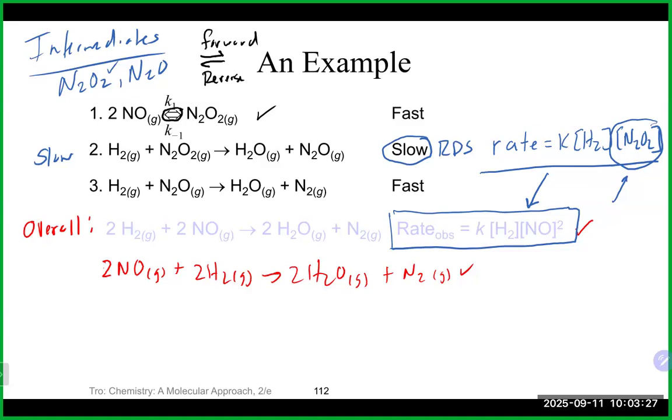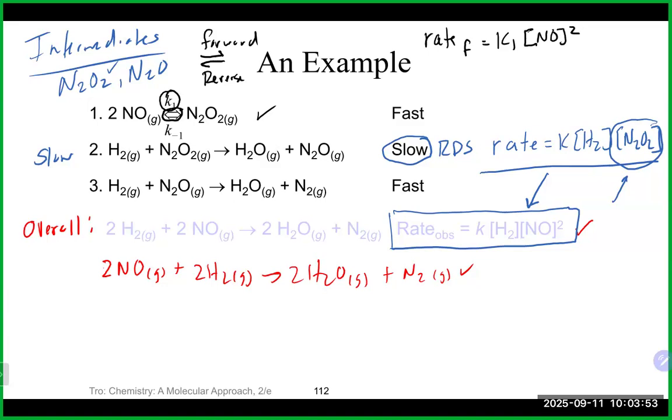In the case of the reverse reaction, our products would be like our reactants, and our reactants would be like our products as it's heading in the opposite direction. So if we write two rate laws, for the forward direction of the first step, the rate would equal K1, which is the rate constant up here, times the concentration of NO squared.